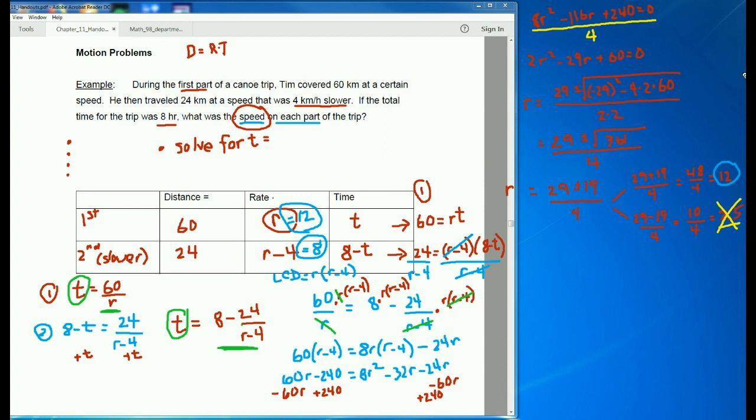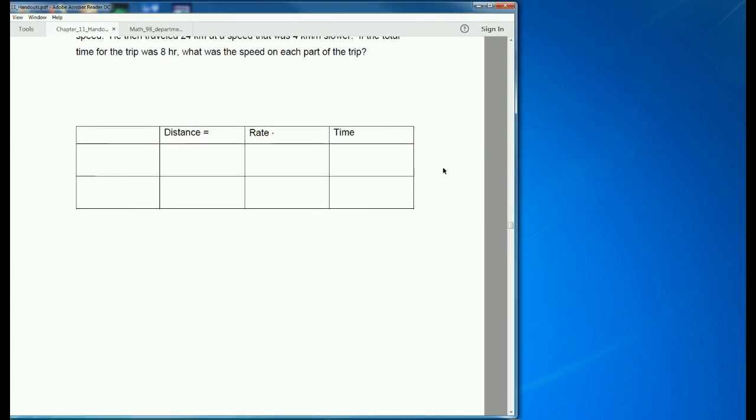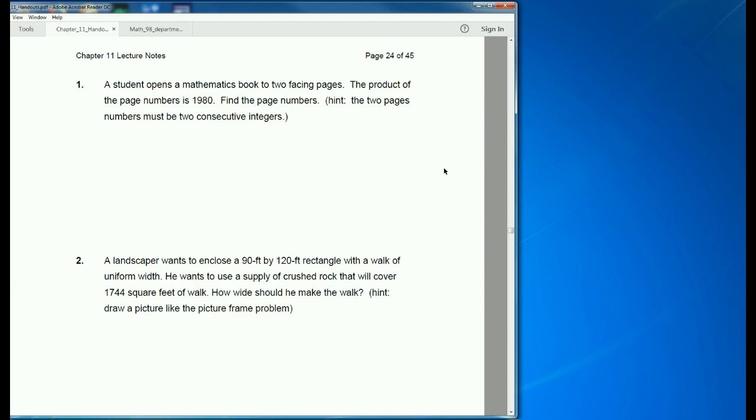All right, let me see what I've got on the next page. Okay, a couple of problems for you guys to work on. So go ahead and try these. First one is a consecutive integer problem.